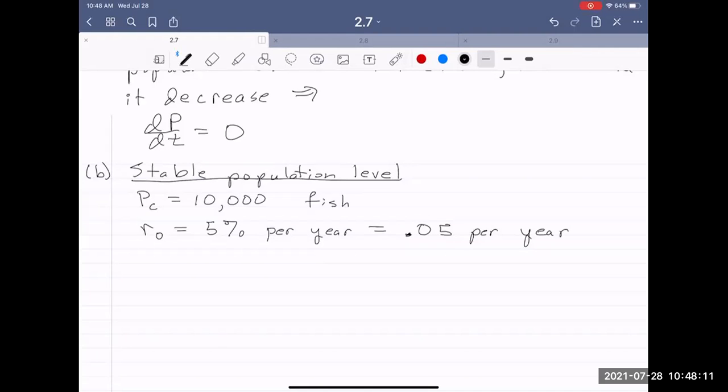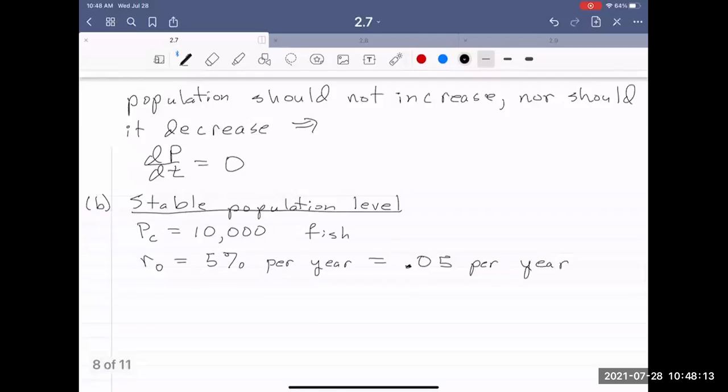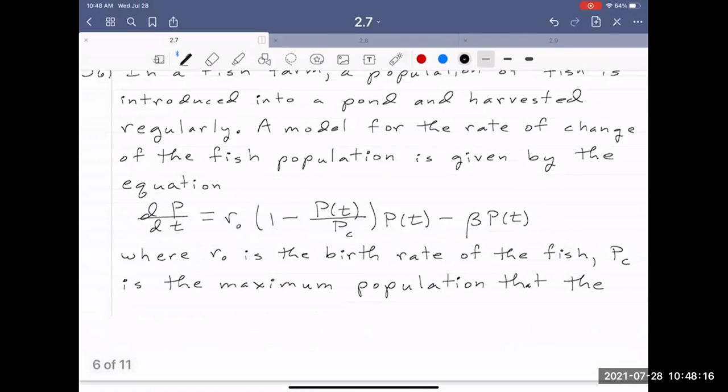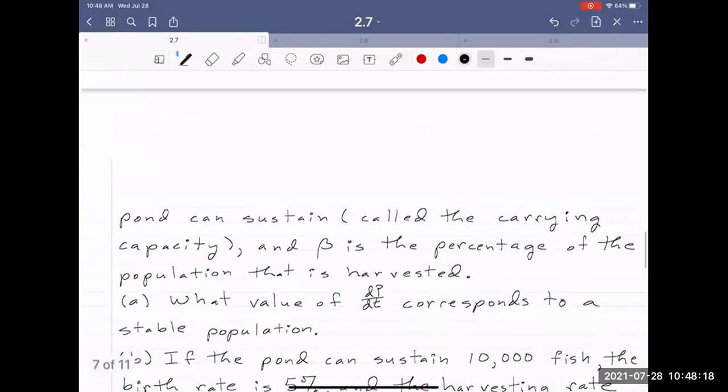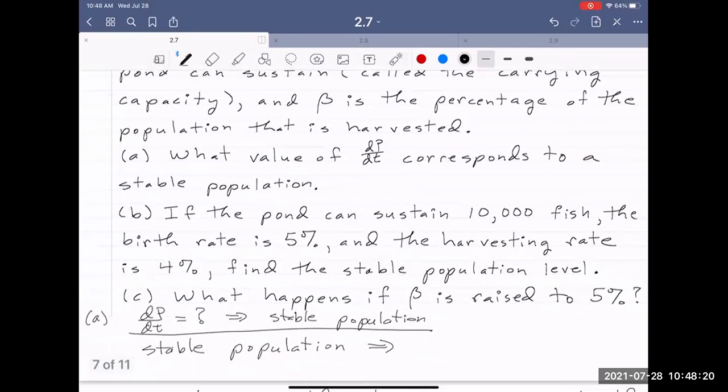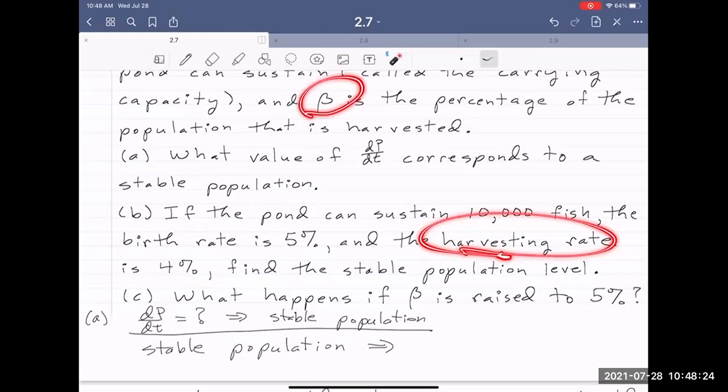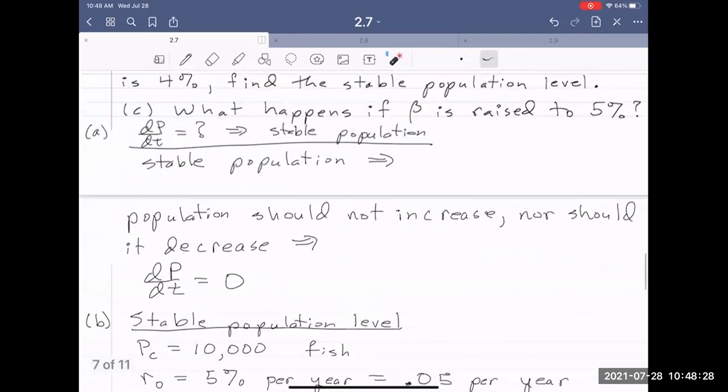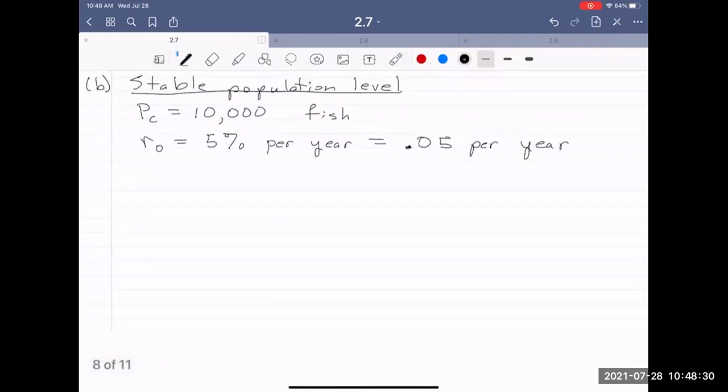Next, I'm given that my harvesting rate, beta, is 4%. So I'm given that the harvesting rate is 4%. So 0.04.